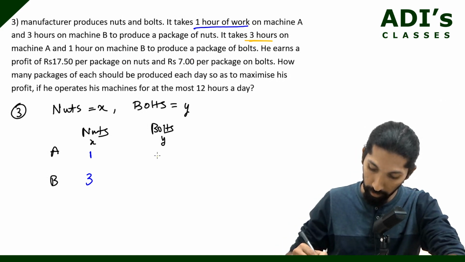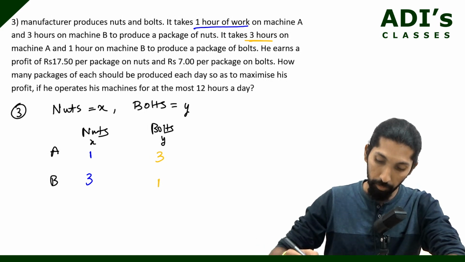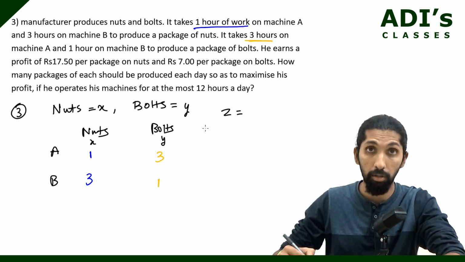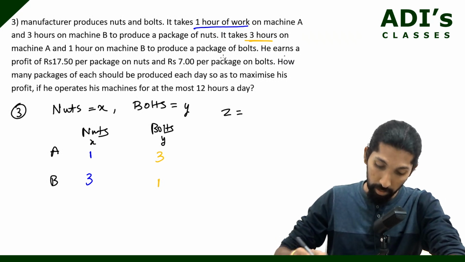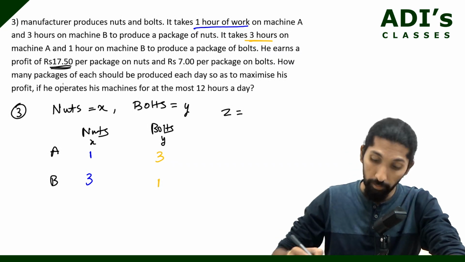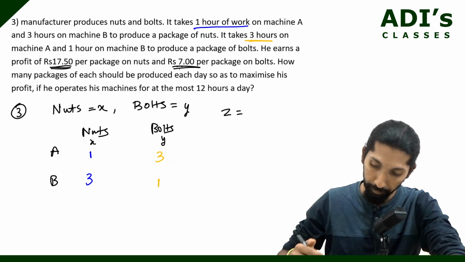So here it's 3 hours, 1 hour, correct? Now the optimizing function, or you can say the objective function: a package of nuts will earn 17.5, whereas a package of bolts will earn just 7 rupees, correct?